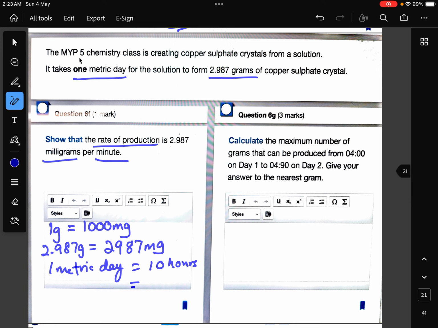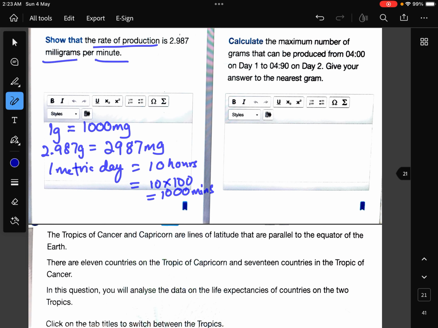So we're going to take 10 times 100. That's going to give me 1,000 minutes. So if I want to find milligrams per minute, I'm going to take 2,987 over 1,000. That should give me the rate of the production in this case, which would be 2.987 milligrams per minute, which obviously has been shown for this question here.